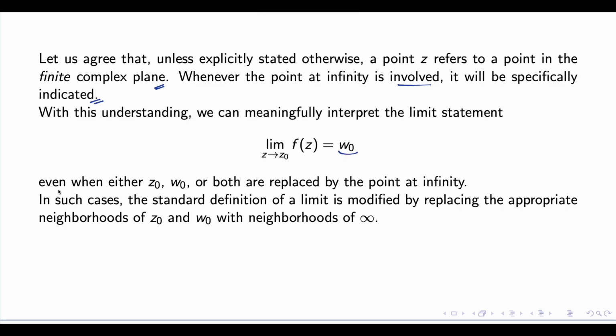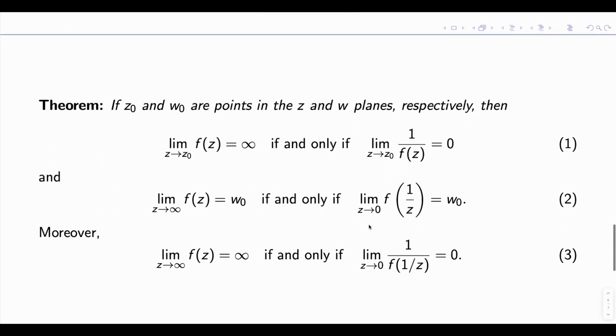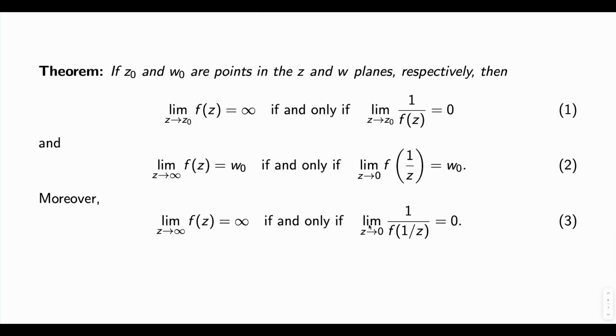Now the question is, even when either z naught or w naught or both are replaced by the point at infinity, in such cases the standard definition of limit is modified by replacing the appropriate neighborhood of z naught and w naught with the neighborhood of infinity. So we are going to revise the limit definition we have discussed.